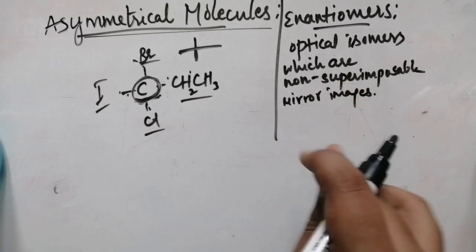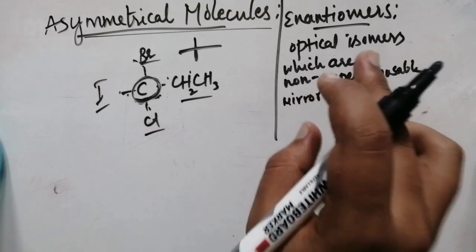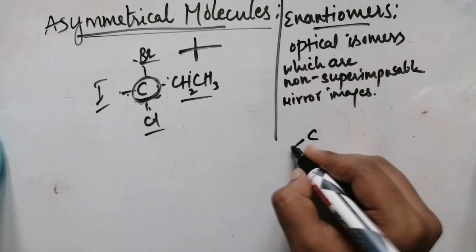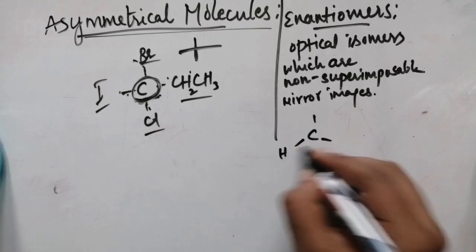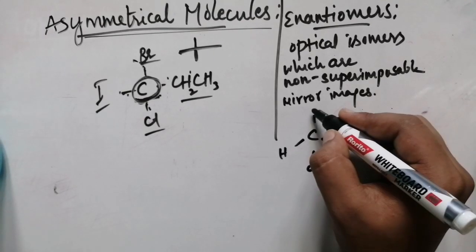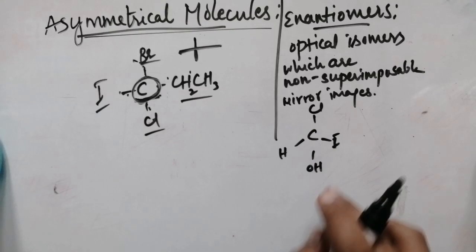For example, I have H, OH, Cl, I. A simple example I am giving.